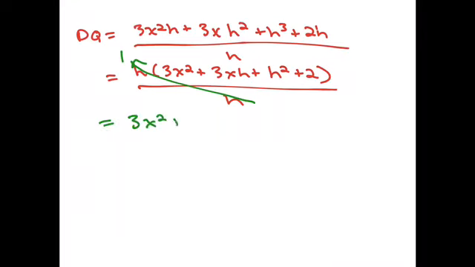So we have 3x squared plus 3xh plus h squared plus 2. And now to find the derivative, we take the limit. Wait, can't we just crunch all that and put x plus h to the power of 2 and then put a 3 on the outside of it?